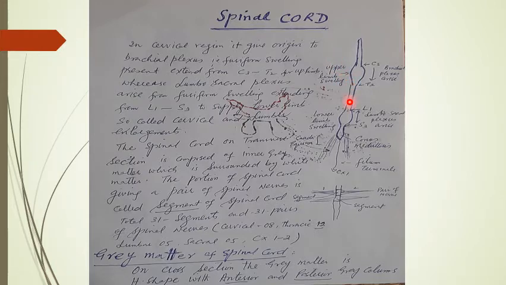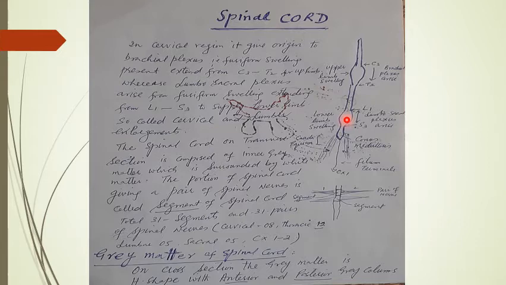Then the thoracic region gives intercostal nerves and does not need to be swollen, as sufficient neurons are present to supply the intercostal spaces. Then again there is an extra load on the spinal cord to supply a lot of muscles of the lower limb.